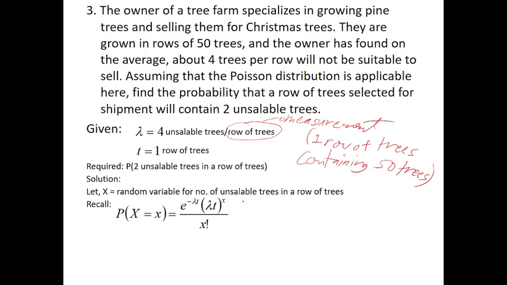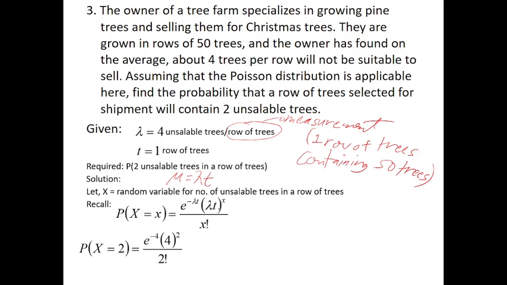And take note, ang mu natin ay lambda t. Right? Kasi ang lambda ay mu over t. Okay? Average over yung measurement. Yun yung ating lambda symbol. Okay? Average per measurement. So in terms of lambda, e raised to negative lambda t times lambda t to the power of x over x factorial.